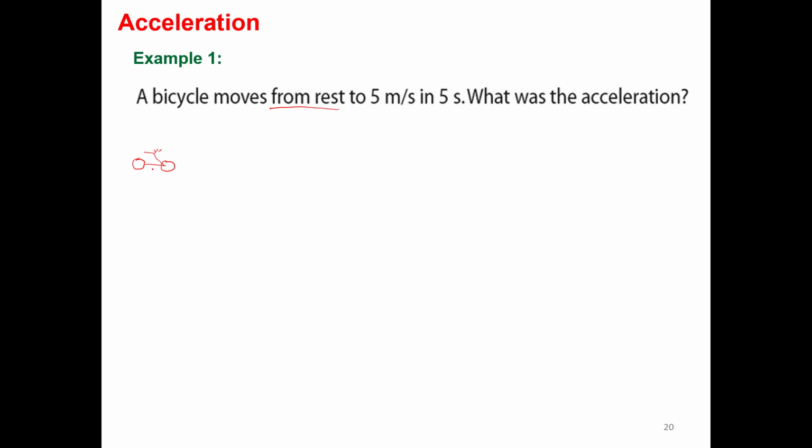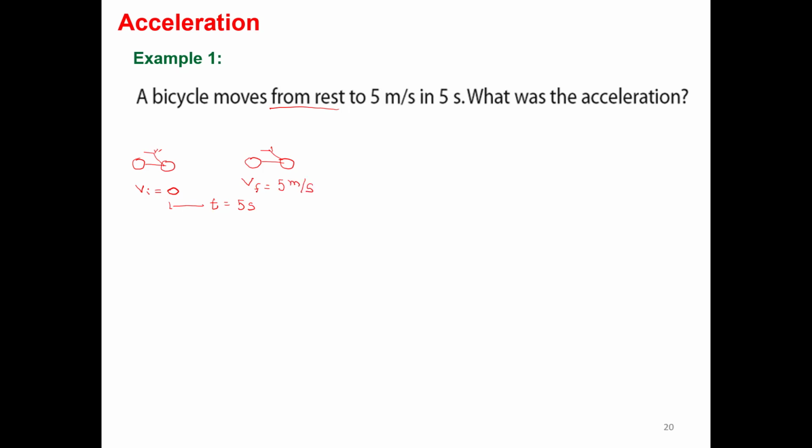When they say from rest, it means the initial velocity equals 0. Then the initial velocity of this bicycle was 0. But after 5 seconds, the speed of this bicycle was 5 meters per second.